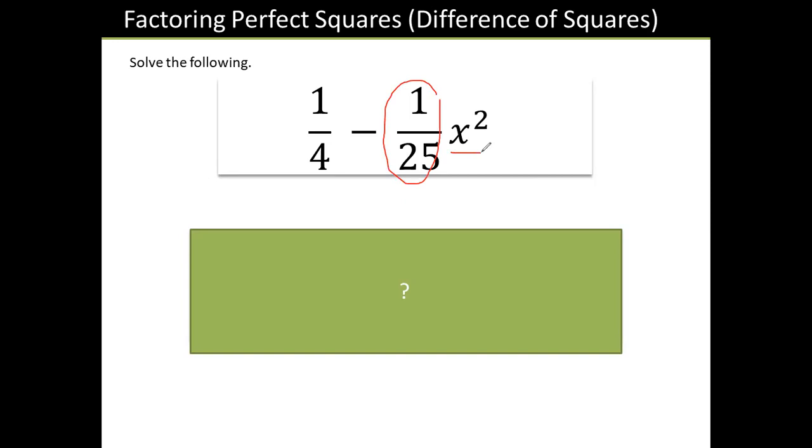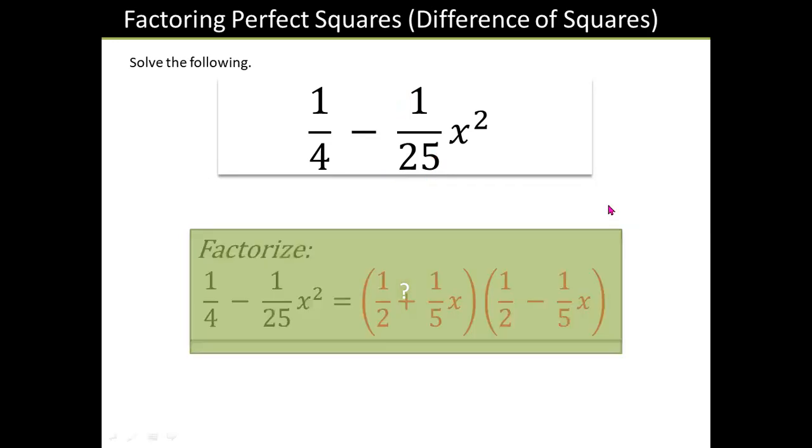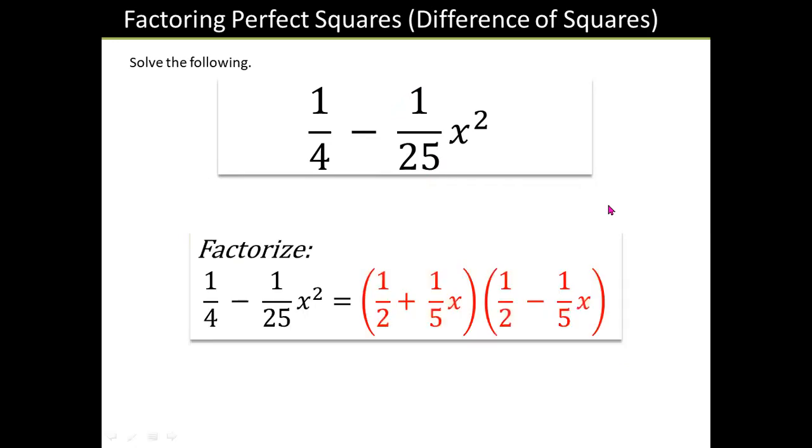So therefore, if we factor that one out, the answer will be (1/2 + 1/5x)(1/2 - 1/5x). Take note, sum and difference of squares.